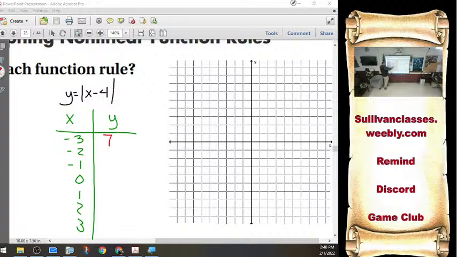It's 7 away from 0. If I plug in -2, -2 minus 4? -6, and then absolute value. So you might be tempted to do this. If you did, you wouldn't be wrong.